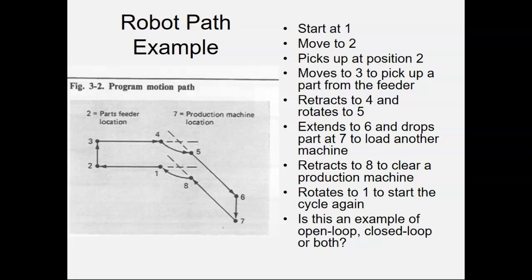All right, so we have two different types of paths that a robot can follow. You have a point-to-point, or you have continuous. This particular one is where they're showing you a point-to-point robot program. We'll get into that some more here in a little bit. Okay.